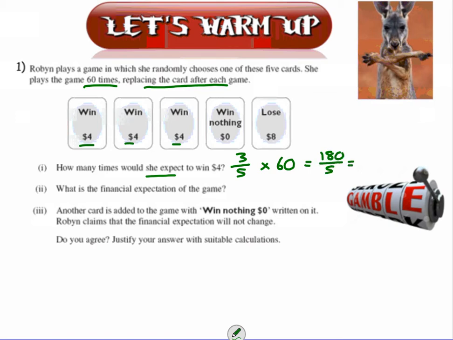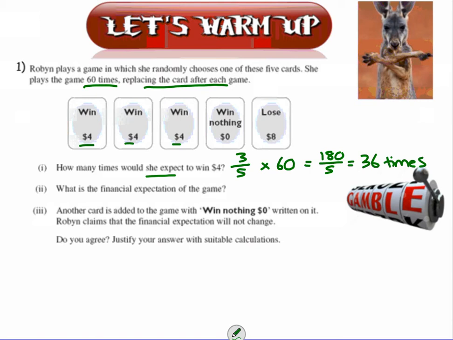That would give you 36 times. So we expect 36 times that she would win $4, because 36 is basically 3/5 of 60.